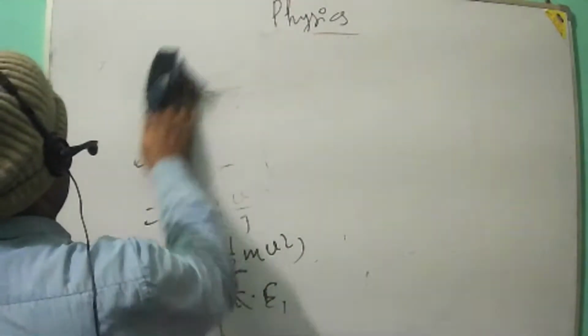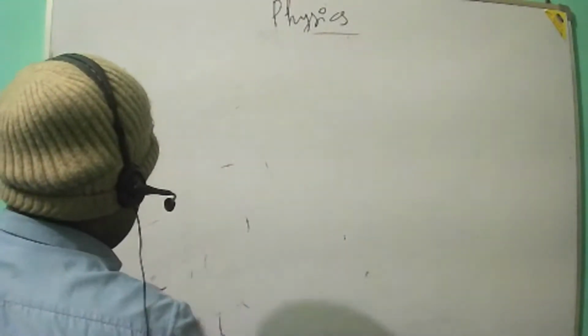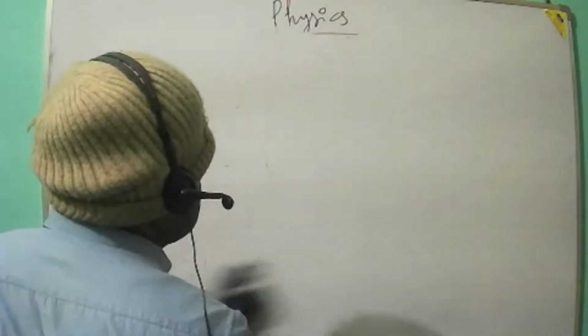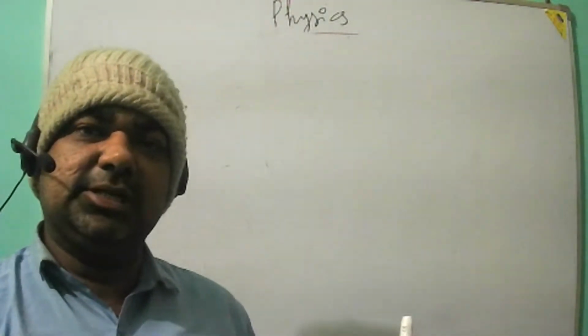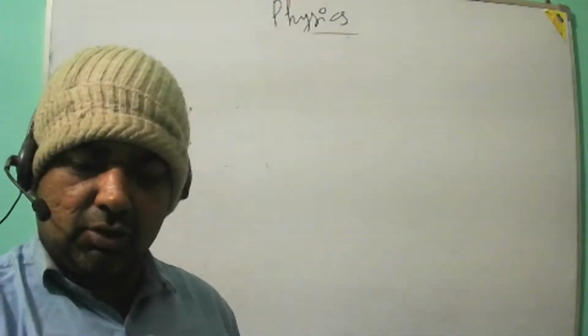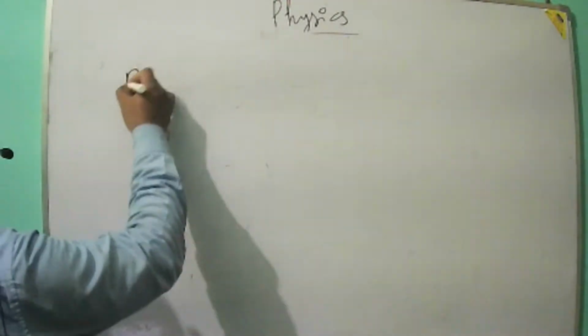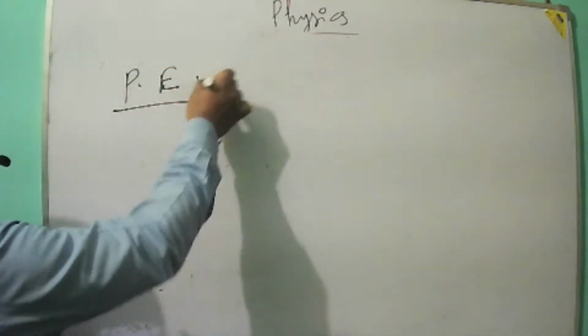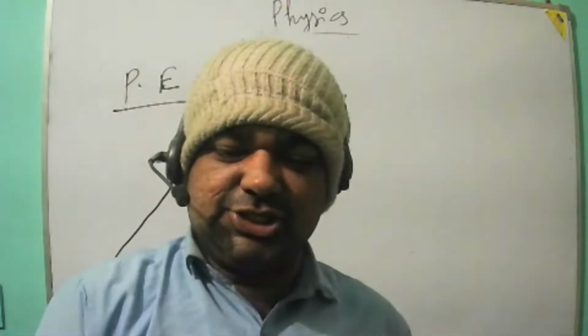In this concept, you are going to understand potential energy. What do you call potential energy? The potential energy concept is related to position and configuration. That is PE, P stands for potential energy of the object.